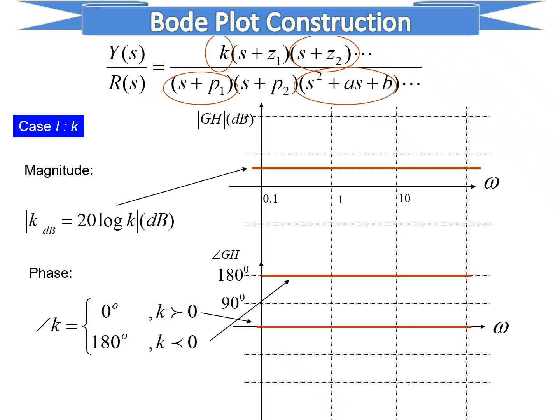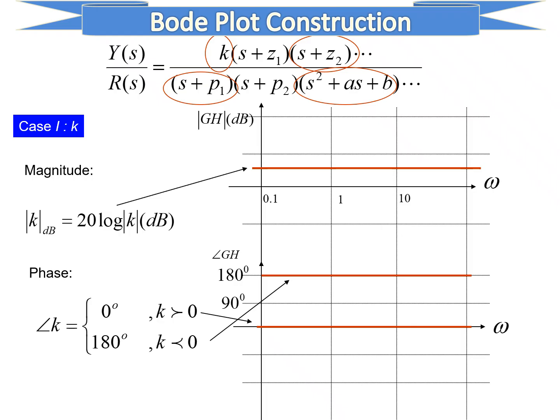First, it is K, then the zeros (s plus z), the poles (s plus p), and also the second-order term (s plus a). These are the four cases from this general transfer function. Okay, we look at them one by one.